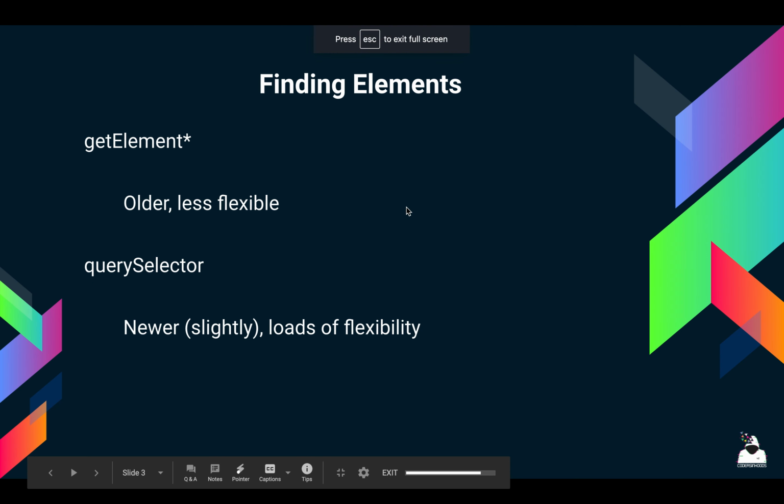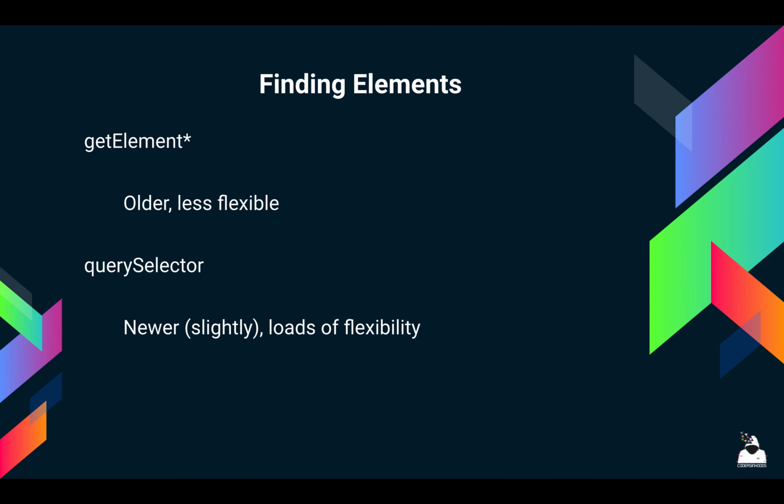So getElement is the start of lots of different functions. We'll talk about that in a bit. So getElement is sort of older. It's less flexible. It is probably more performant. That is a pro for using the getElement functions.